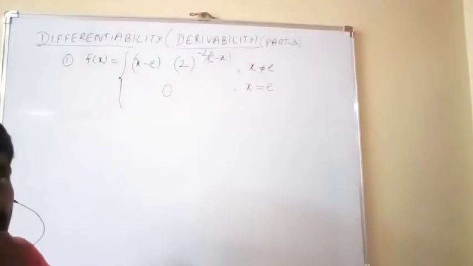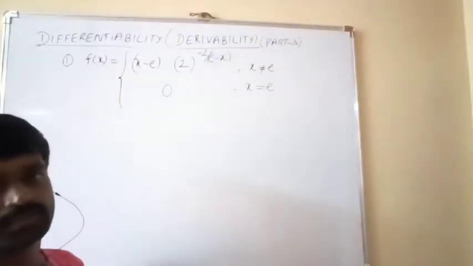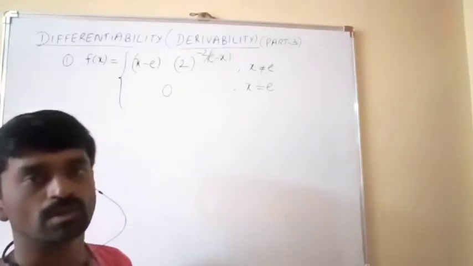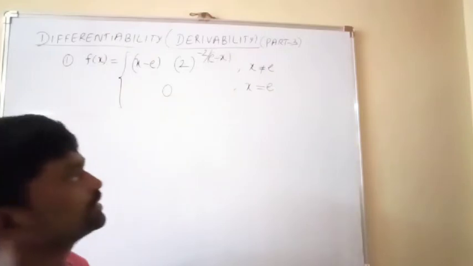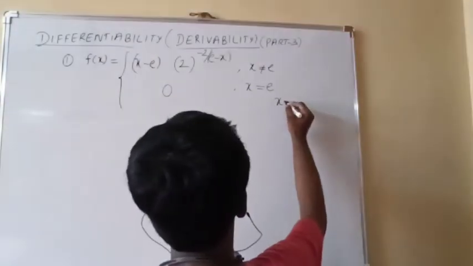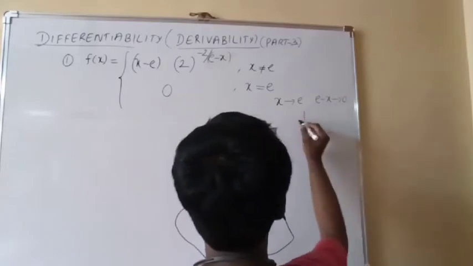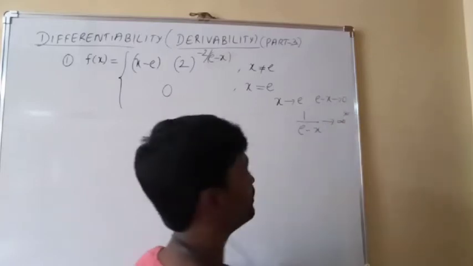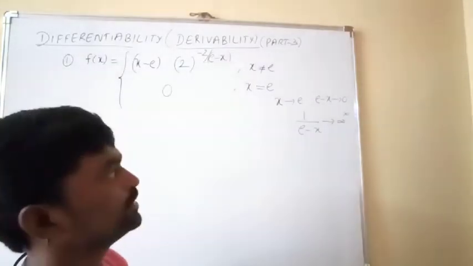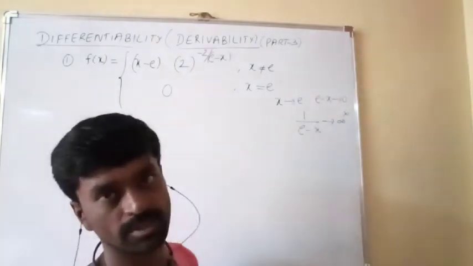Now, as x tends to e, saying 1/(e - x) tends to plus infinity is wrong. It may be plus infinity or minus infinity. When x tends to e, e - x is tending to 0, correct, but 1/(e - x) tending to infinity is wrong. It may tend to plus infinity or minus infinity depending on whether e - x tends to 0 plus or 0 minus.